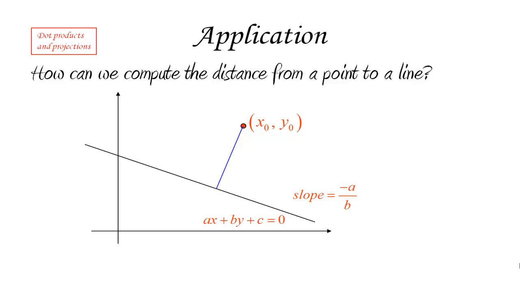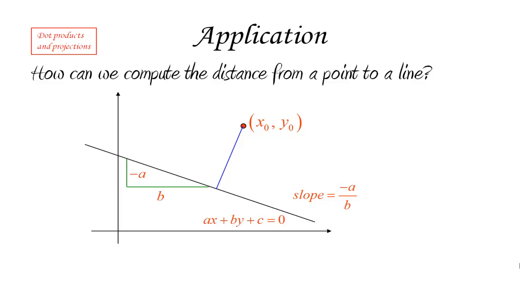So what are we going to do? First of all, we know that the slope is negative a over b. So let's say that we draw a horizontal segment of length b. Okay, we're going to think of that one as the run of the slope. Okay, so corresponding to that one, the rise will be equal to negative a.